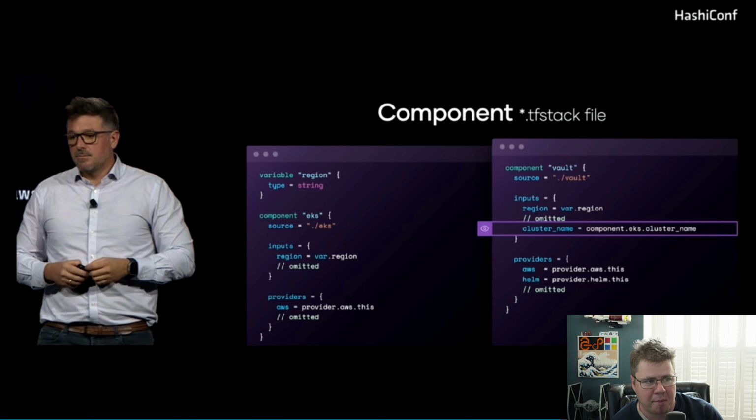Or I guess that would be a map, right? So I'm wondering if this syntax change is going to trickle down to modules at the very least. Probably not resources, dear God. But yeah, it's interesting that they've gone with a slightly different syntactical model for the HCL for components.